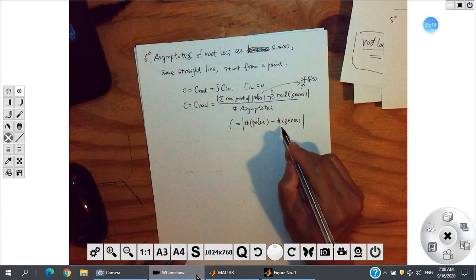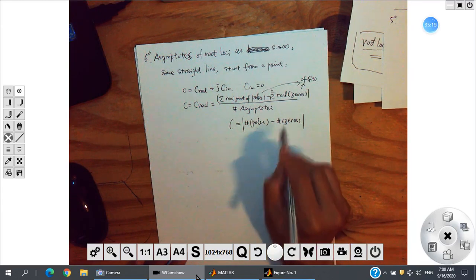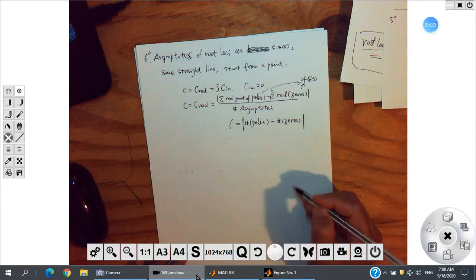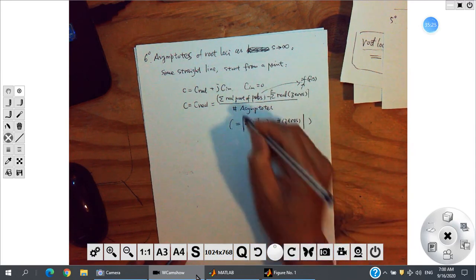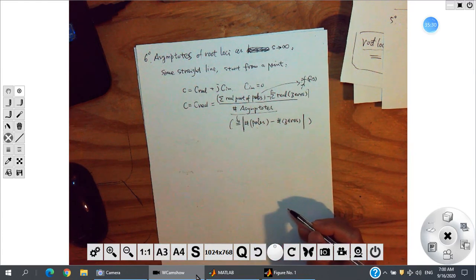Maybe you have more zeros, maybe you have more poles, so the difference between these two, and take the absolute value, right? This is the number of asymptotes.